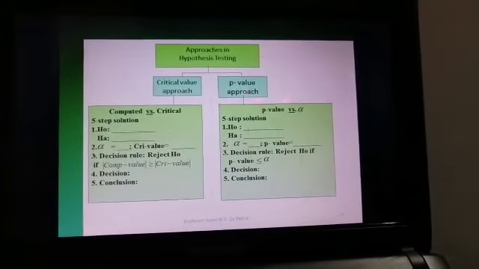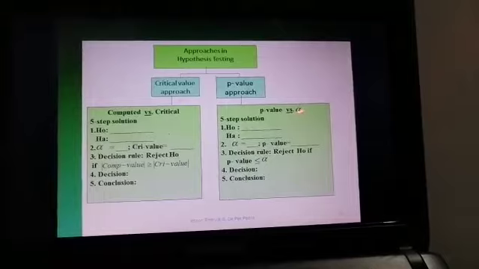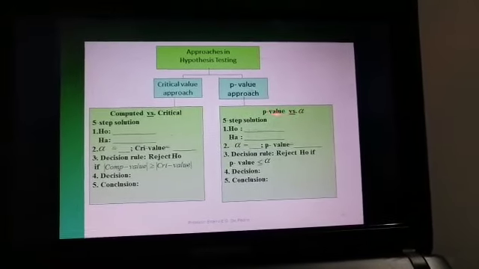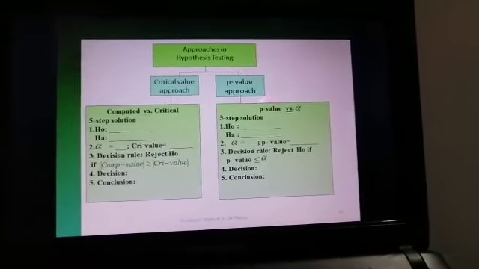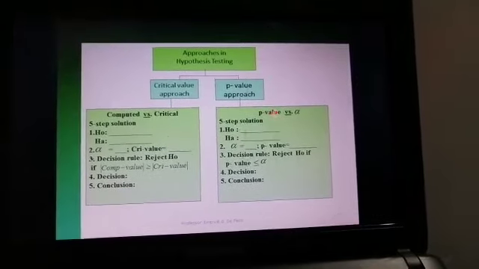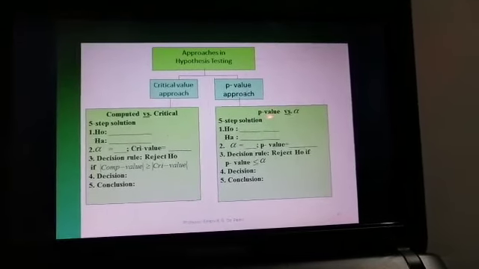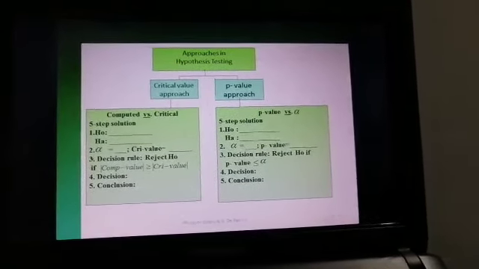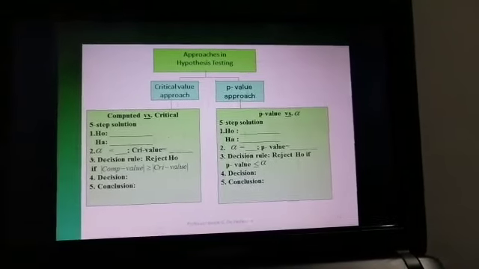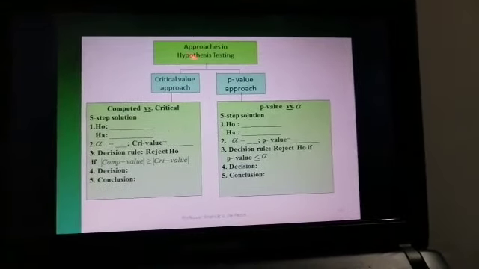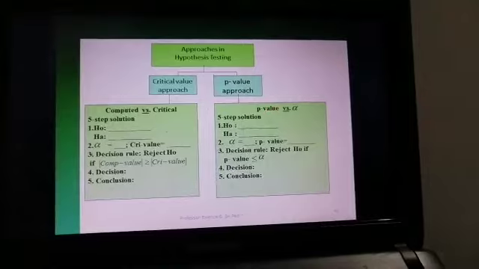Unlike in p-value, we only need the alpha or the level of significance and the p-value. P-value may be obtained or may be generated using the computer softwares we have right now, which are accessible, no, for your generation.